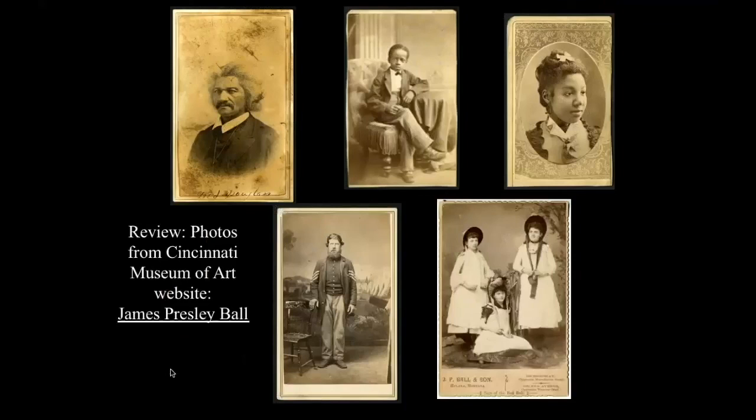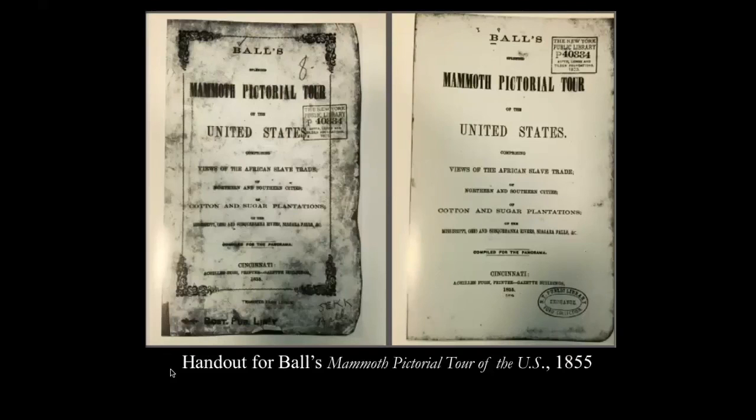Of course, you may recognize Frederick Douglass at the top left, but there's an equalizing effect of his having posed his African American and European sitters in the same manner, using the same costumes and the same props. Then he makes this enormous mammoth pictorial tour of the United States that he started circulating around the country in 1855. It doesn't survive, but the pamphlet that went along with it did.